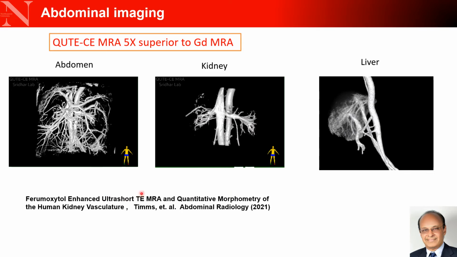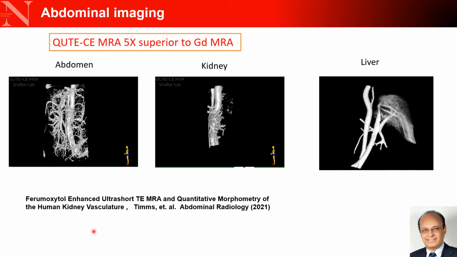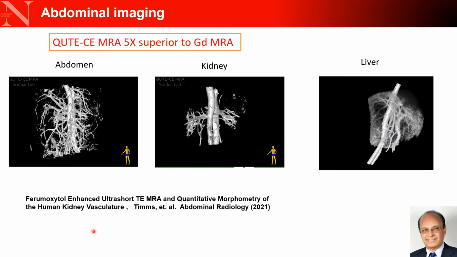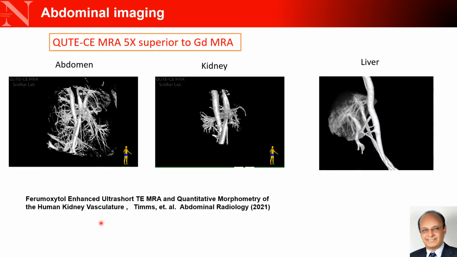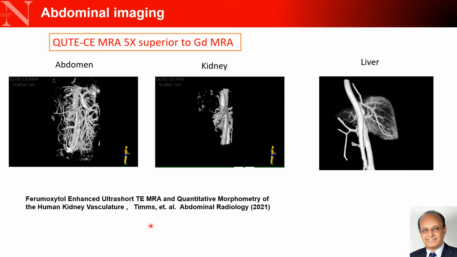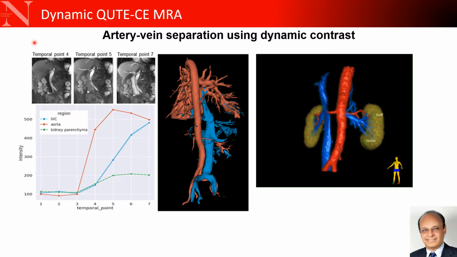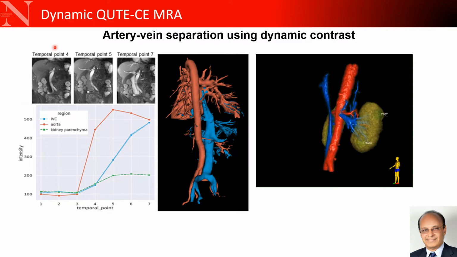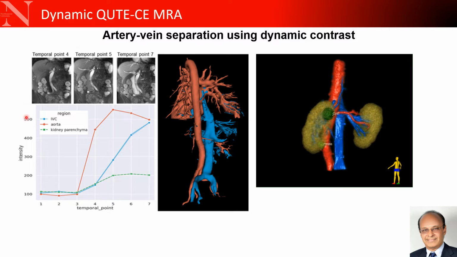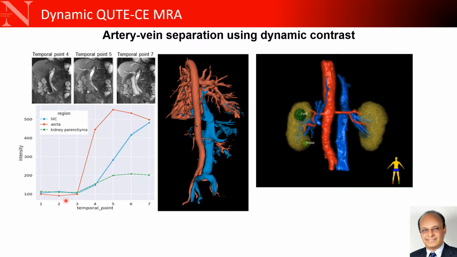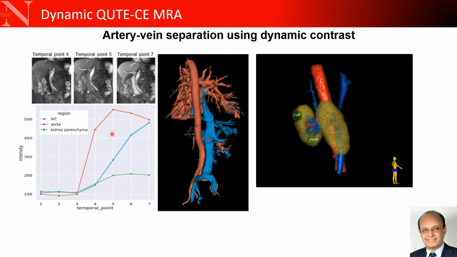In a recent publication in Abdominal Radiology, we have shown that QTCE is 5 times superior to gadolinium MRA with at least 3 times lower signal intraluminal inhomogeneity. We have demonstrated dynamic scanning with QTCE-MRA by taking quick scans at 20-second time points and with breath hold.